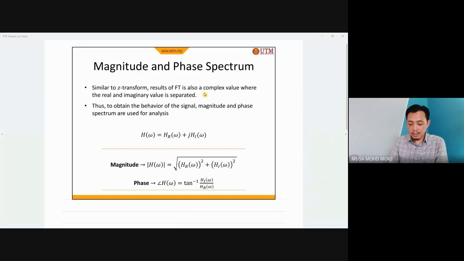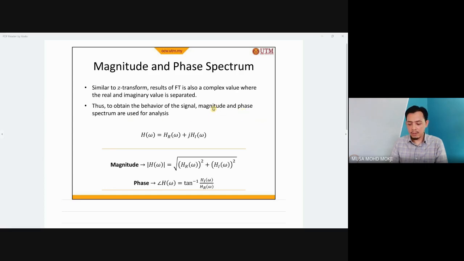Because of that, to obtain the behavior of the signal, magnitude and phase spectrum are used for analysis. So we're not going to analyze the real and imaginary plot, but a more meaningful plot will be the magnitude and phase.